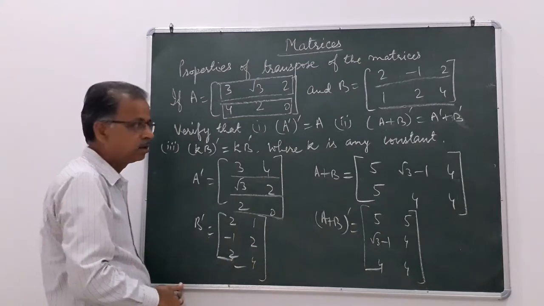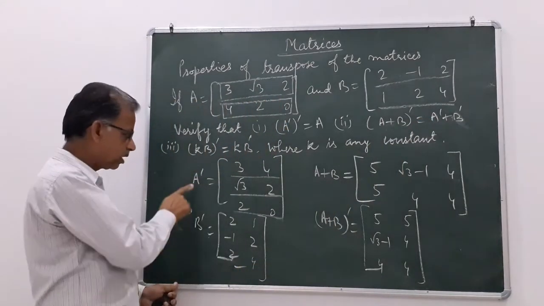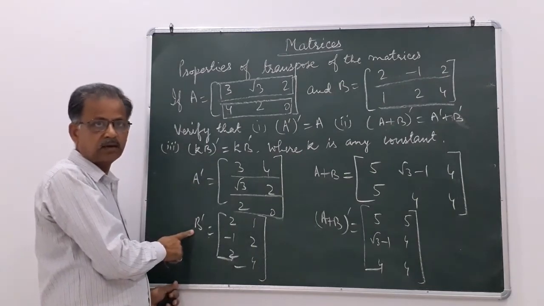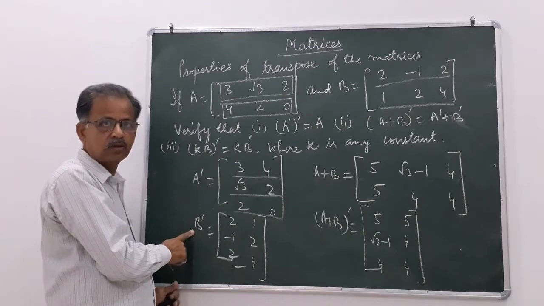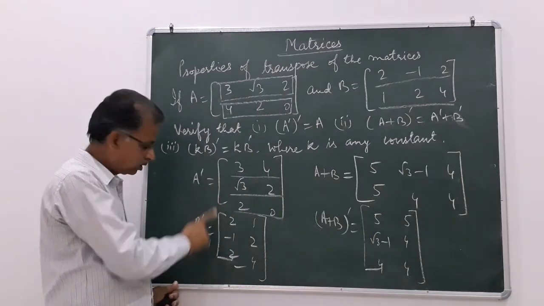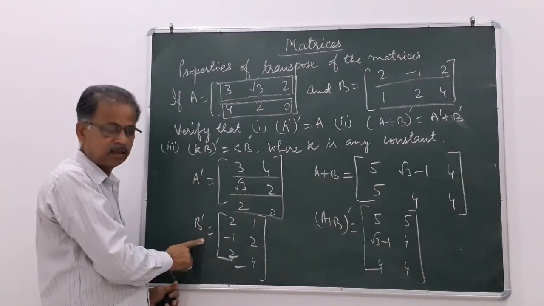Now we have to find their sum. It means when we want to find sum of these two matrices A dash and B dash, we must check whether they are of same order or not. A dash is a matrix of order 3 by 2. B dash is a matrix of 3 by 2. It means we can add.